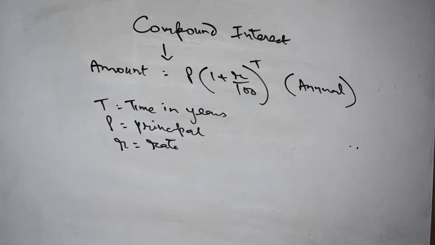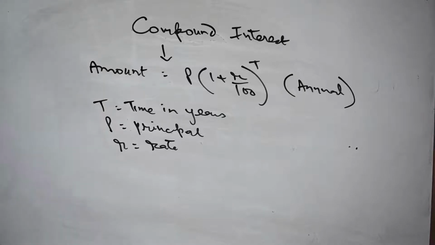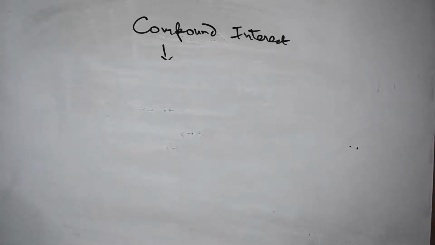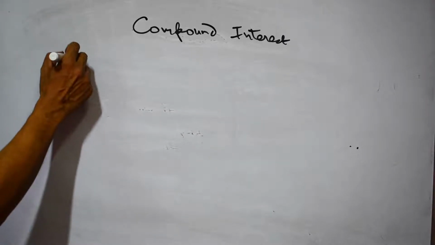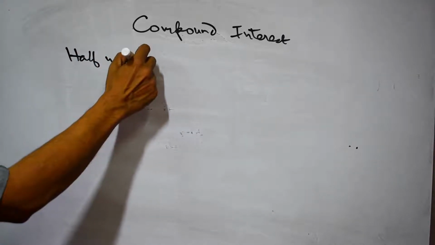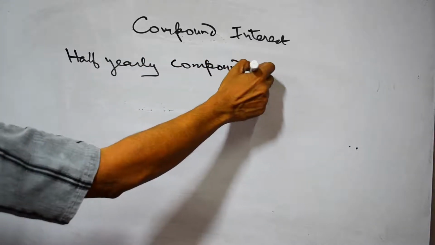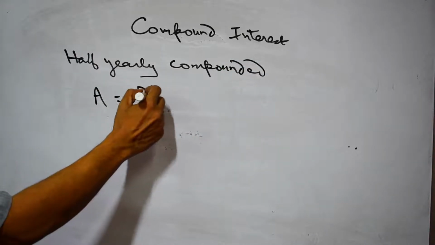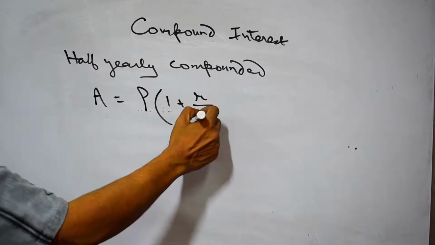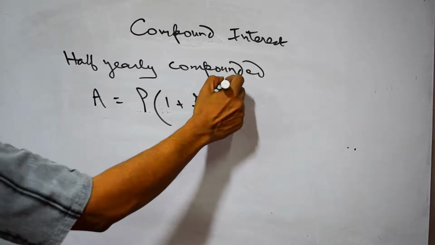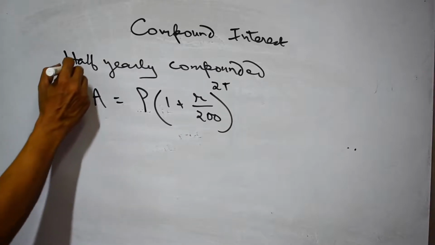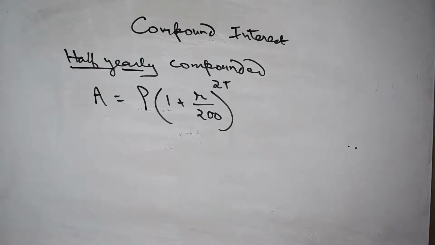In the chapter on compound interest, it may not be annual; it may be half yearly, quarterly, or even monthly or daily. If the interest is compounded half yearly, then the amount finally will be P into (1 plus r by 200), and the time will be doubled, because half yearly means 6 months, and after 6 months the interest is paid.